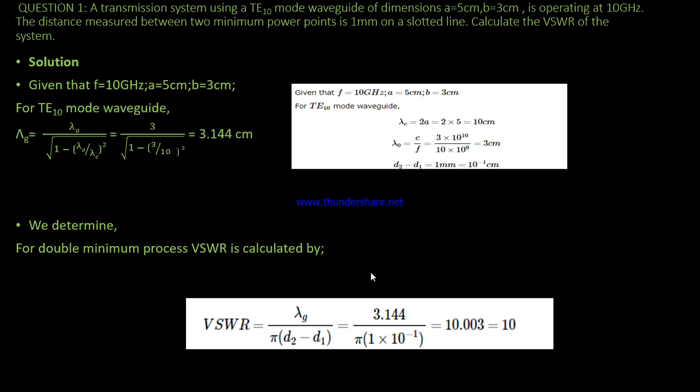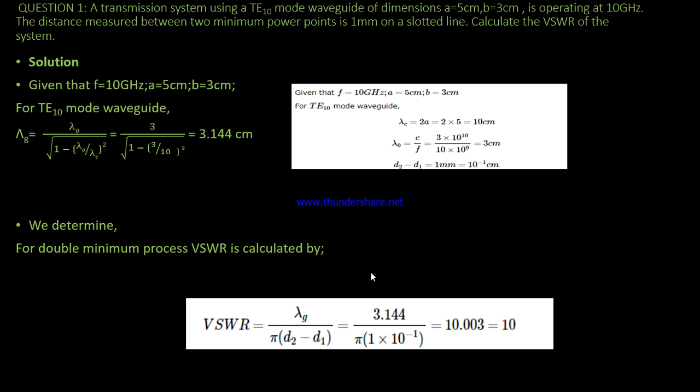So if we substitute into the waveguide wavelength, we have 3 all over square root of 1 minus the square of the fraction of 3 over 10, and that gives us 3.144 centimeter.